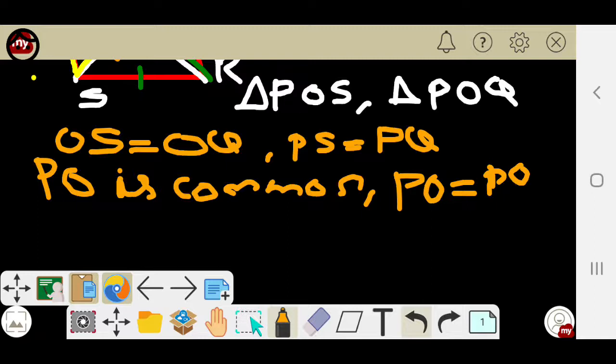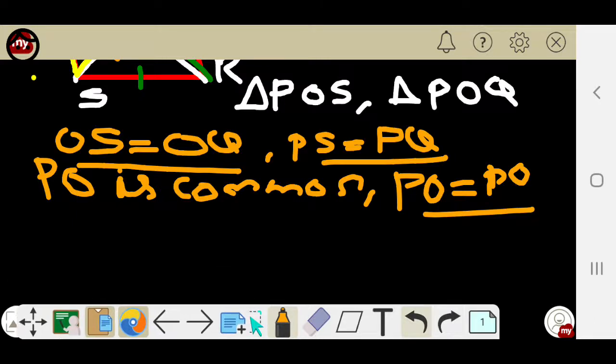Now we can see that in two triangles, three equal sides: OS equal to OQ, PS equal to PQ, PO equal to PO. That means three sides of one triangle are equal to three sides of another triangle. Here we can use the SSS congruency rule.